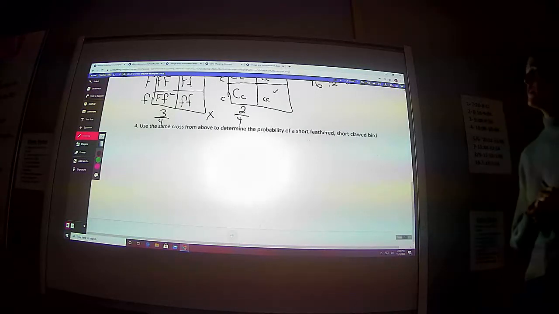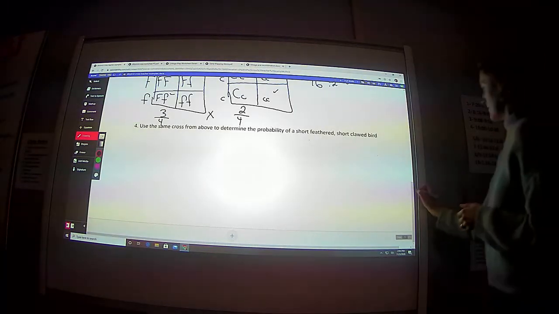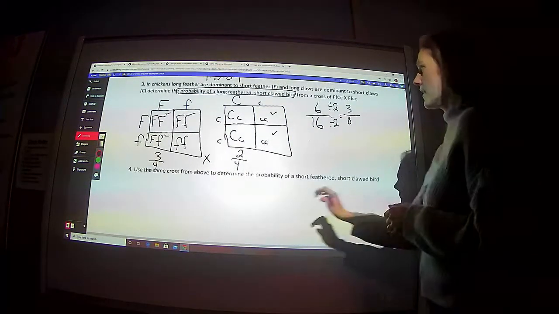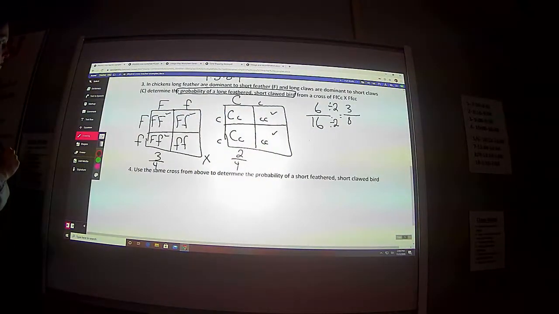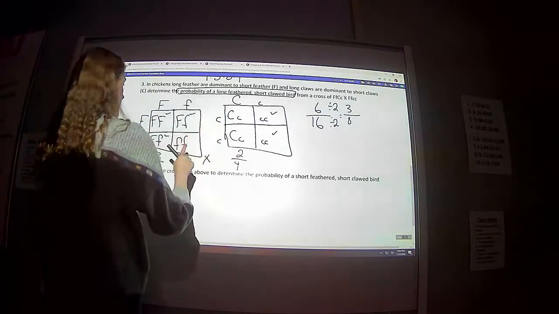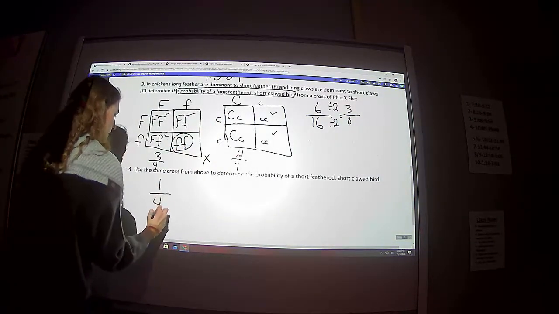All right, moving on here. Use the same approach from above to determine the probability of a short-feathered, short-clawed bird. So short feathers, if I just look at my cross that I have up here, would have been a recessive trait, right? Long feathers are dominant to short, so that would have been this one right here. So I had 1 out of 4 that had short feathers.